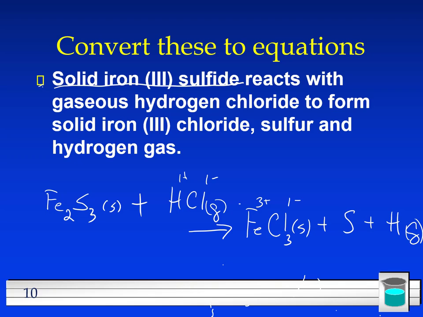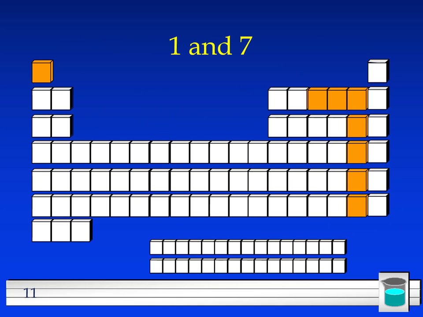And I've mentioned it before, but it's going to come up now that you have to start writing these things. Remember the diatomic molecules? The 1 and the 7? I'm never going to find hydrogen by itself. I'm never going to find oxygen by itself, or nitrogen, or fluorine, chlorine, bromine, iodine, or astatine, that when they're by themselves, they get a 2.